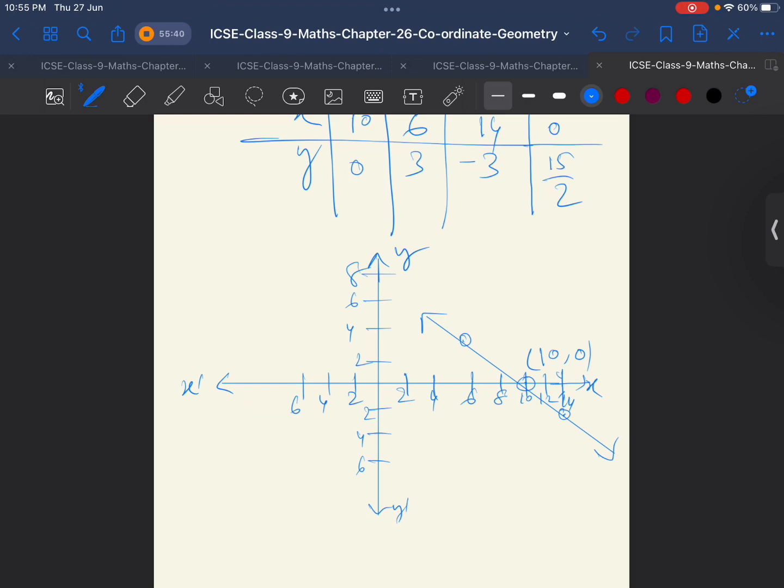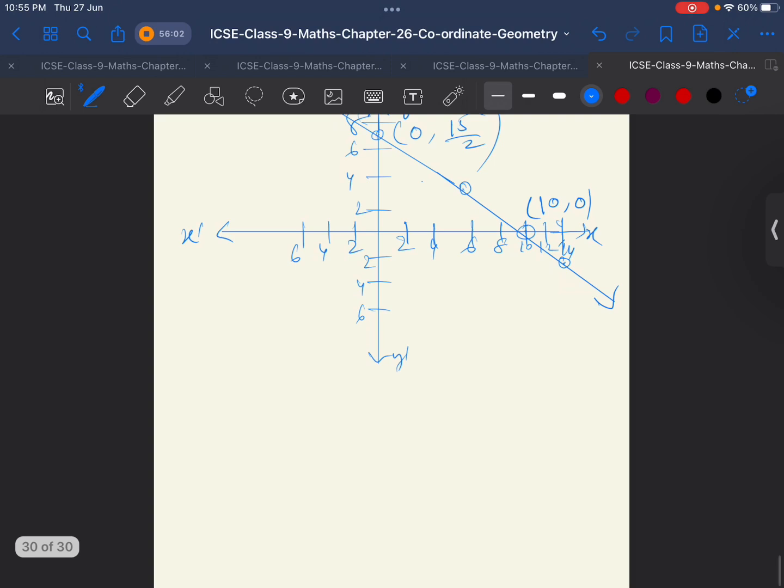This point will be here. So this is the straight line. So this is the point (0, 15/2).